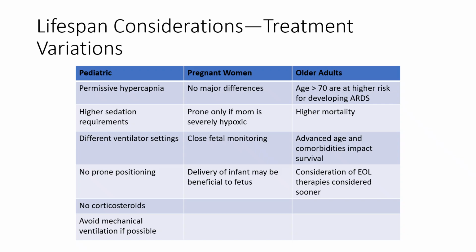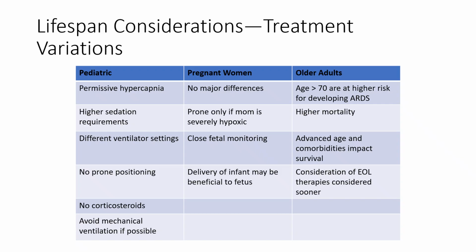You will also see some different treatment variations amongst the different patient populations. With patients with ARDS, in our pediatric patients, we're generally going to allow permissive hypercapnia. So we're going to allow higher levels of CO2 to help reduce the risk of a ventilator-induced lung injury.